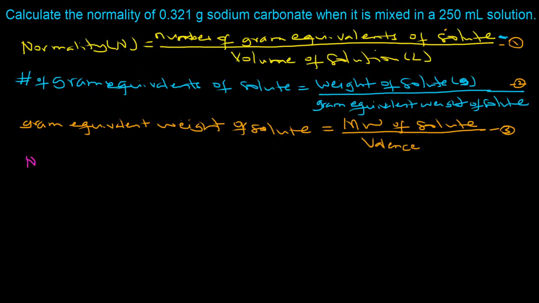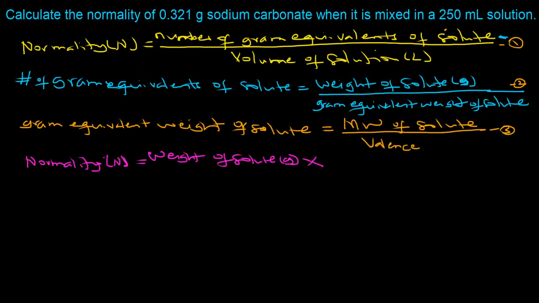So let's just say the normality is going to be equal to the weight of solute in grams. So we are combining equations 1 and 2. We are substituting those values into equation 1.